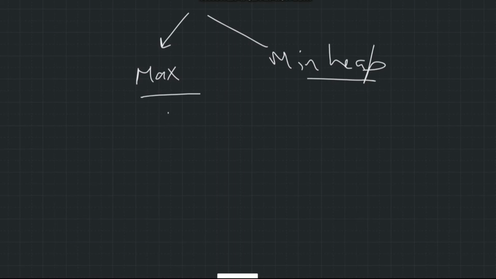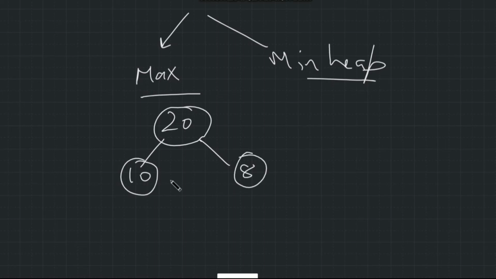The example of a max heap is this: the node having value 20, then 10, 8, 5, 6. So this is a complete binary tree.